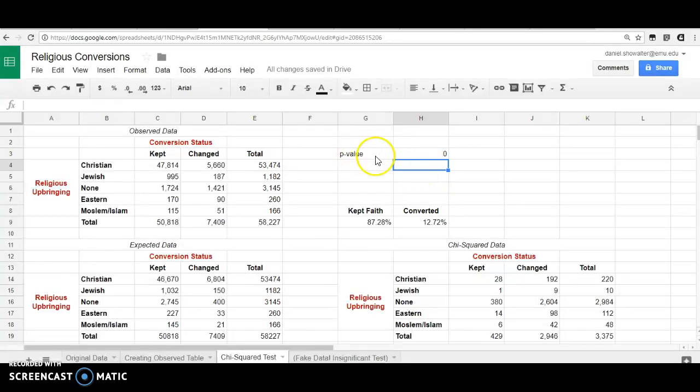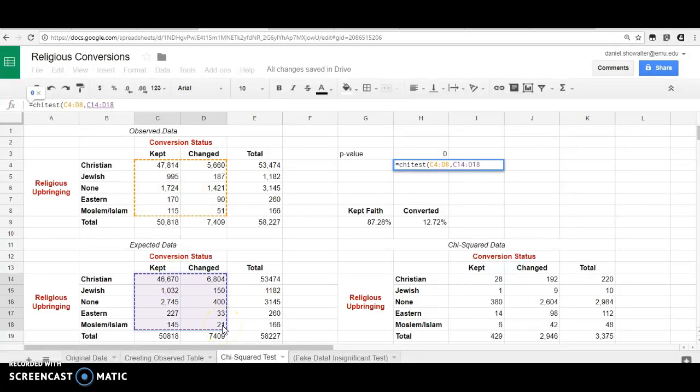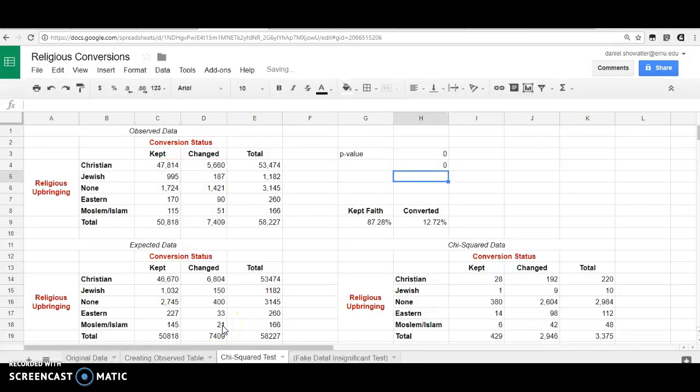We could also have gotten the same p-value without even doing this table, and that would be by chi-test, and we would select our observed values, then our expected. And this would give us the exact same result.